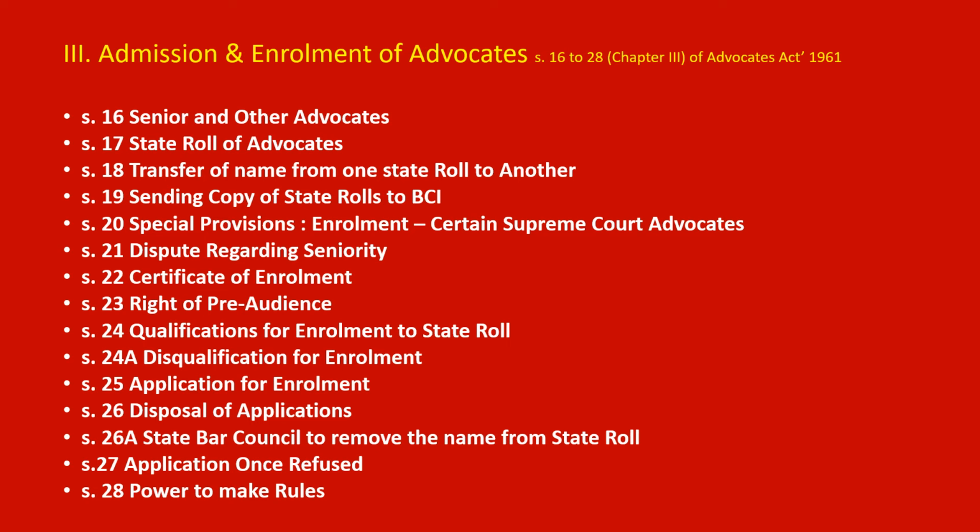They can also make rules for the method of disposal of applications, which is mentioned in section 26, and the conditions of enrollment, installment of fees, which is mentioned in section 24, and they can also make various rules, but no rules made in this chapter will come into effect unless approved by BCI. This is an important point. It's subclause 3 of section 28.